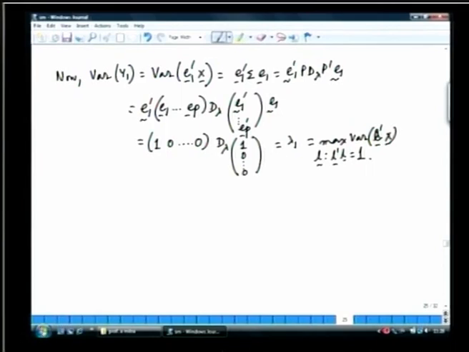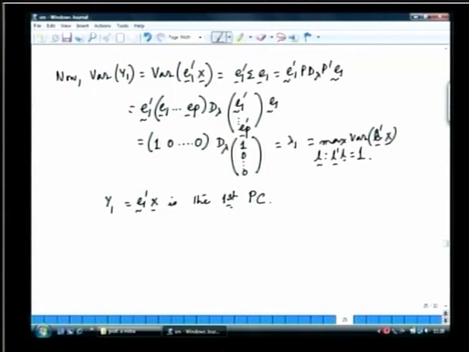So I have y1 equal to E1 prime x is the first PC, because as far as the first PC is concerned, I have to check only one thing: that it has the maximum variance.